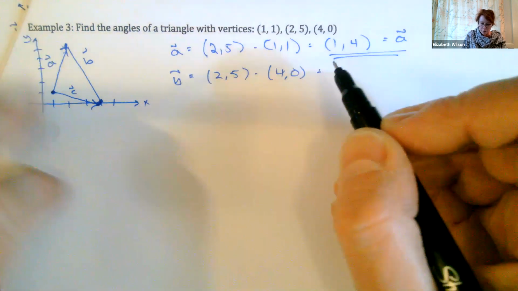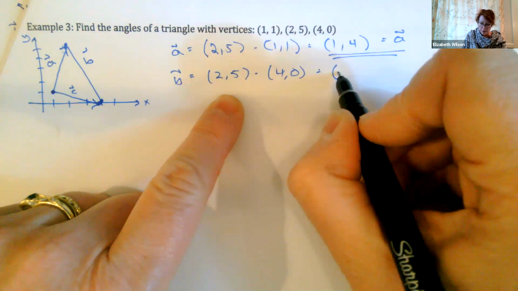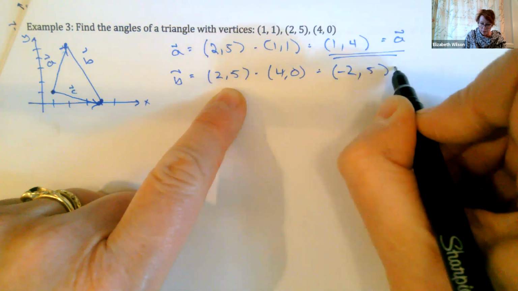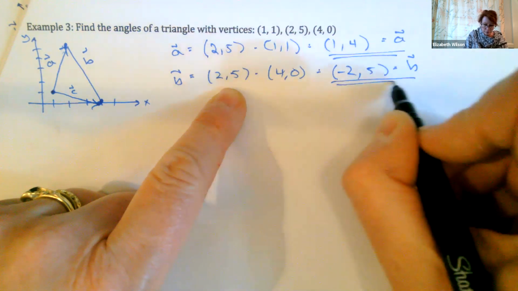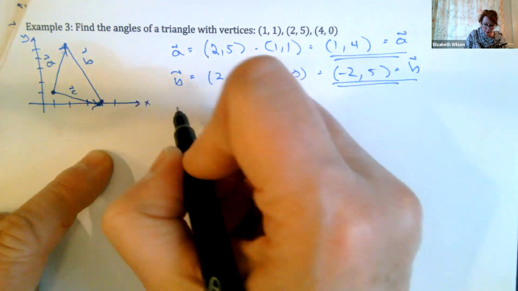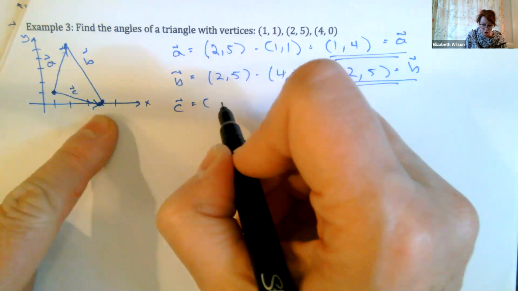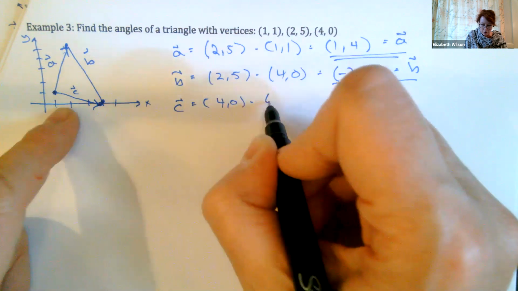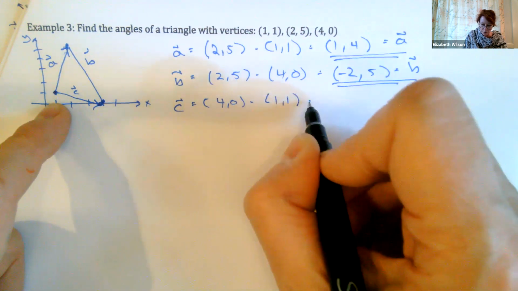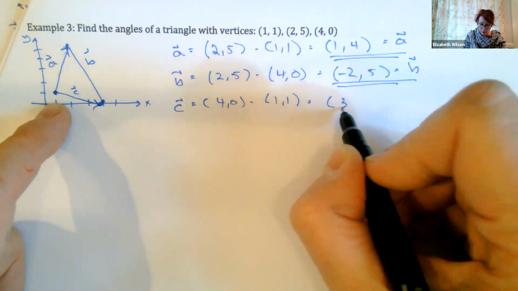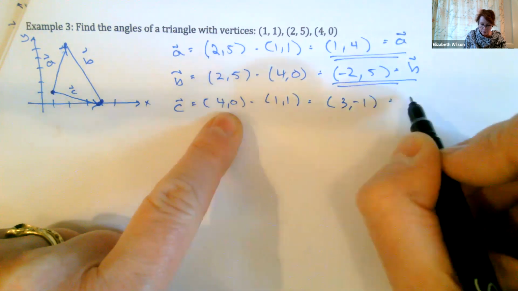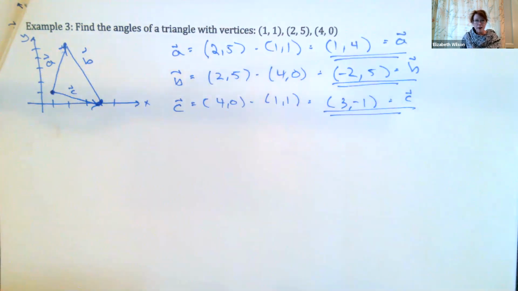So 2 minus 4 is minus 2, and 5 minus 0 is 5. So this is my B. And then my C is going to go from here to here, terminal minus initial, so 4 minus 1, 0 minus 1. So this is my C. Okay, I now have displacement vectors for A, B, and C.